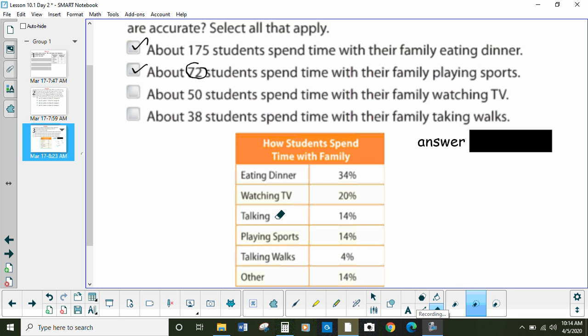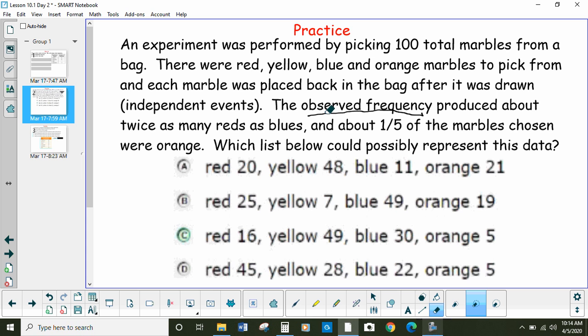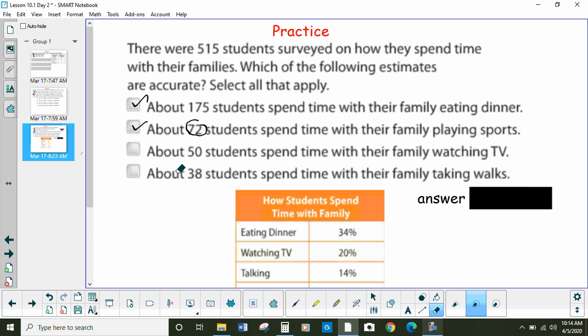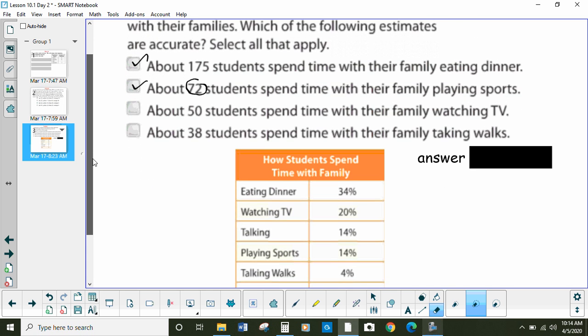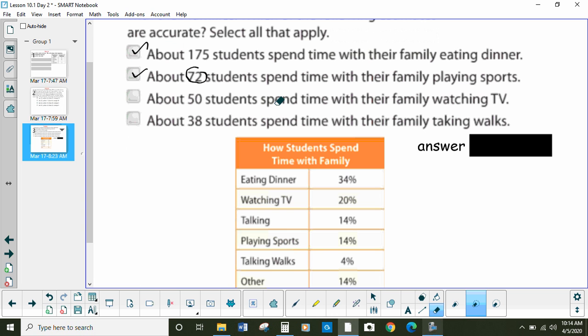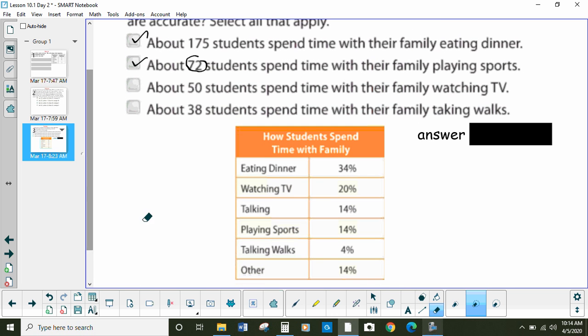The next one, let's use this, what do we call it? Remember that word? Observed frequency over here, and see if this is true. Is it true that about 50 students will be watching TV? So we'll look at our information down here. We go to where it says watching TV. We see that 20% said that they were watching TV.